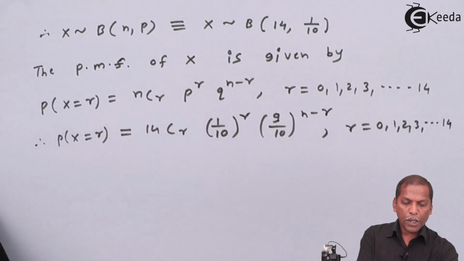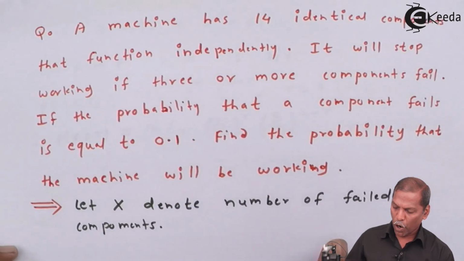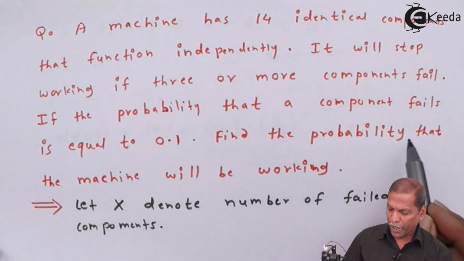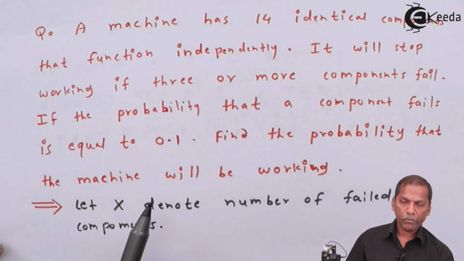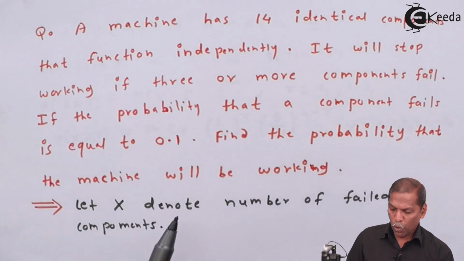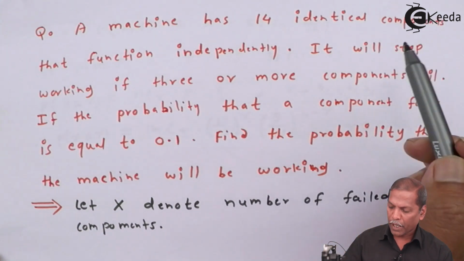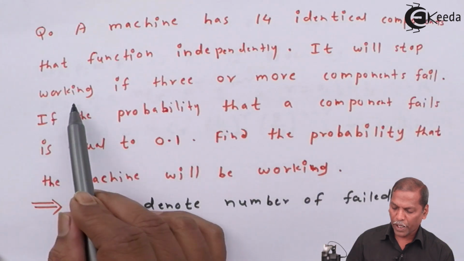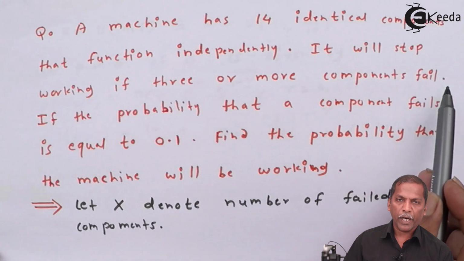Now let's see the question. In the question, we have to find the probability that the machine will be working. They clearly mention that it will stop working if 3 or more components fail.